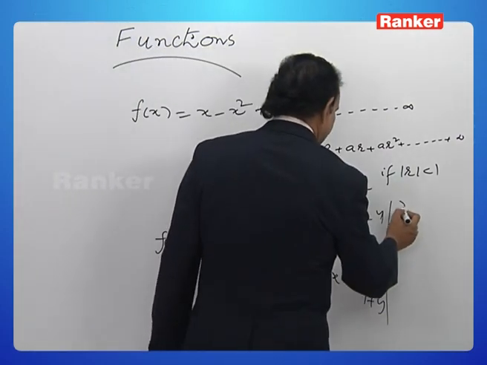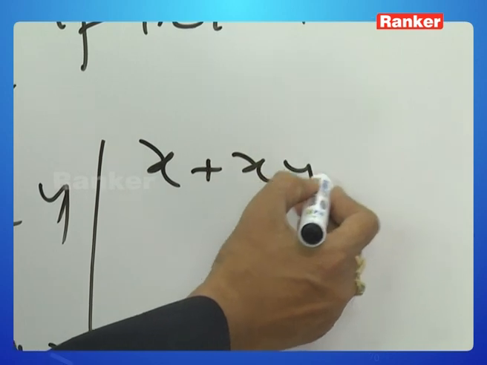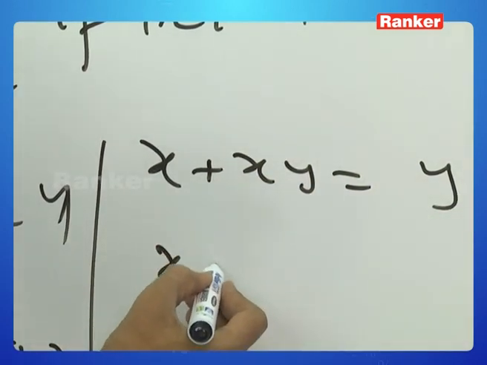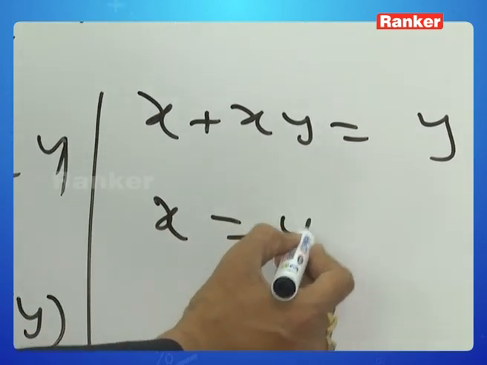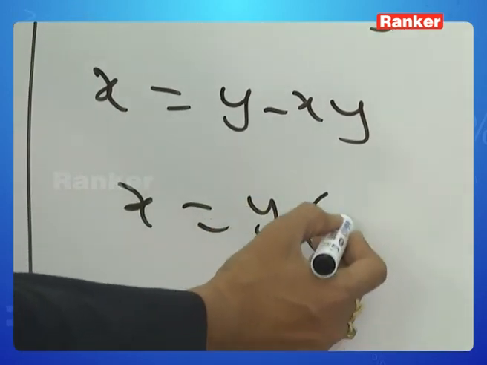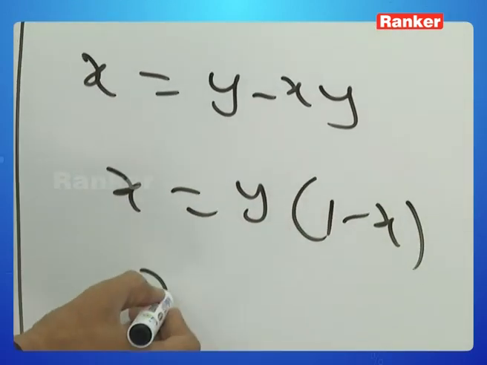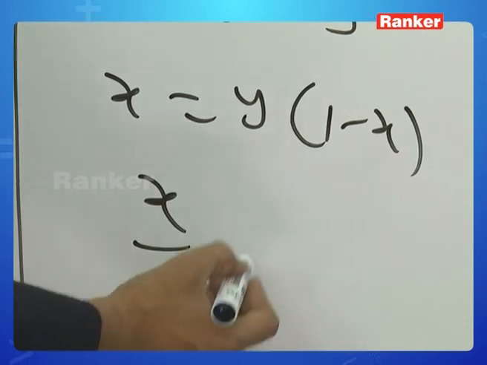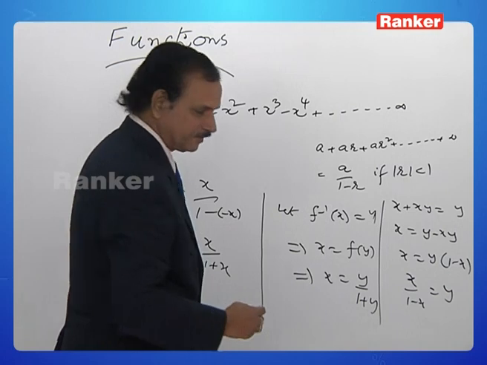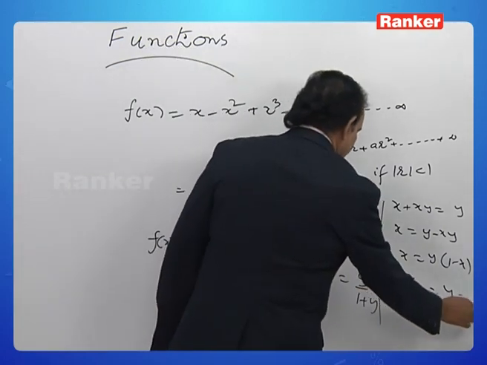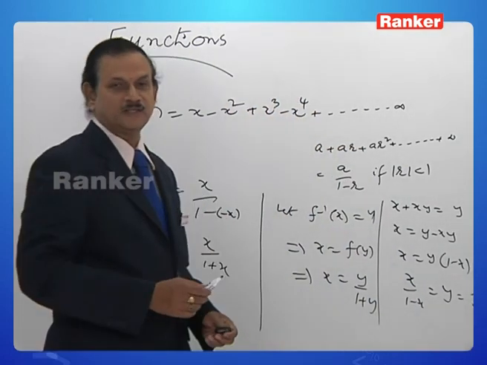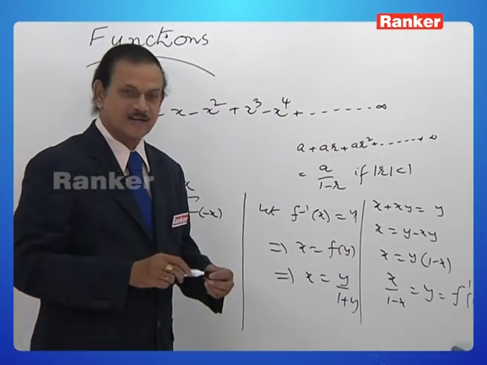Cross multiplying, x plus xy is equal to y. x is equal to y minus xy. x is equal to y into 1 minus x. So, x by 1 minus x is equal to y. But y is nothing but f inverse of x. Therefore, this is nothing but f inverse of x, x by 1 minus x. That is, the first option is the right option.